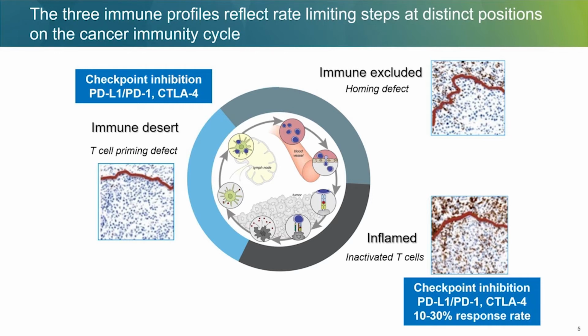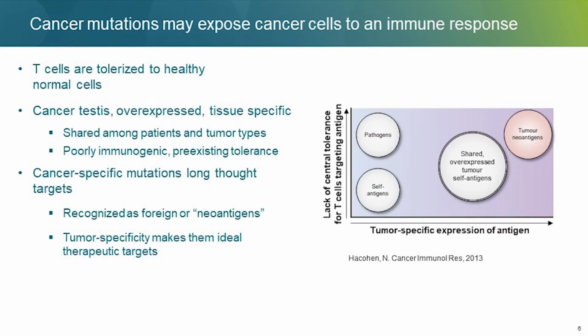So one of the major limitations so far has been the poor understanding of the neoantigens, or the cancer antigens that are recognized by these T cells. What we know is that T cells are normally tolerized against healthy normal cells, and cancer cells look very similar to these normal cells.